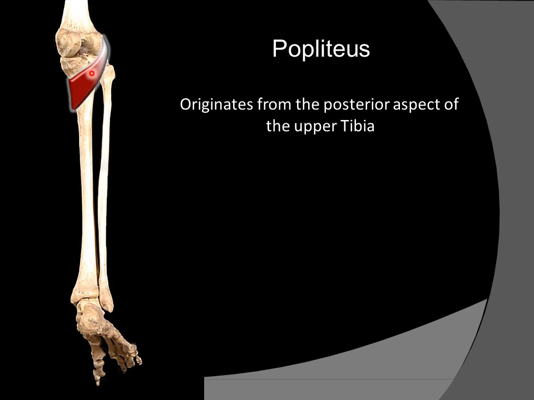So with these two septa, the posterior compartment of the leg is divided into three parts: the superficial part, middle, and the deep part. So we shall see about these three parts in detail.